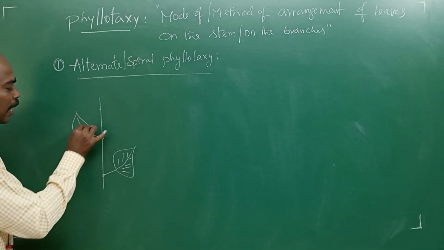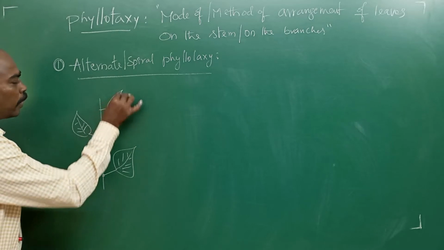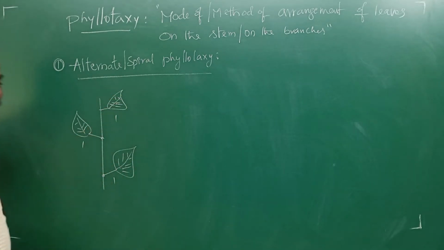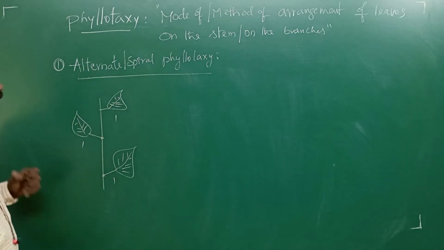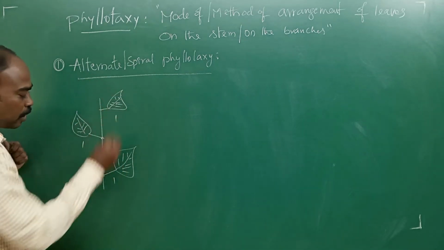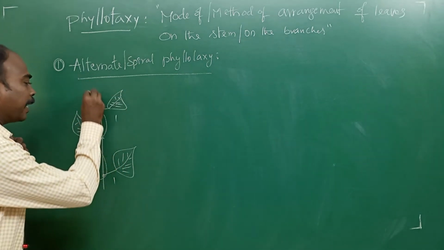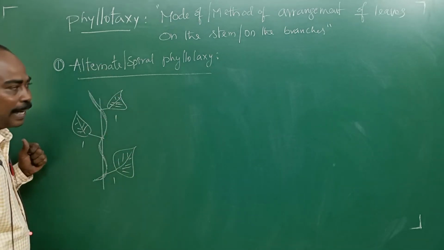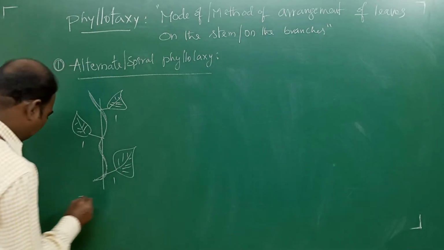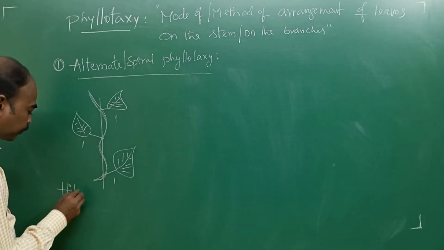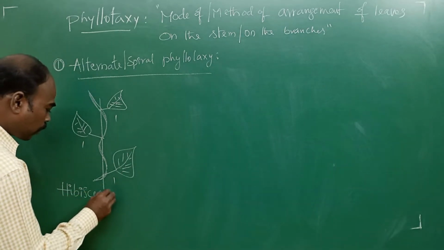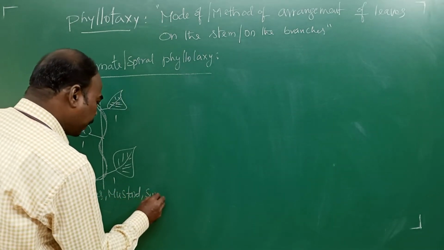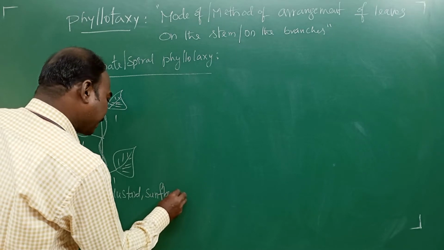Node, one leaf. Node, one leaf. Means at every node, one leaf is developed. Such an arrangement is alternate or spiral, or looks like spiral. Examples: hibiscus, mustard, sunflower, etc.